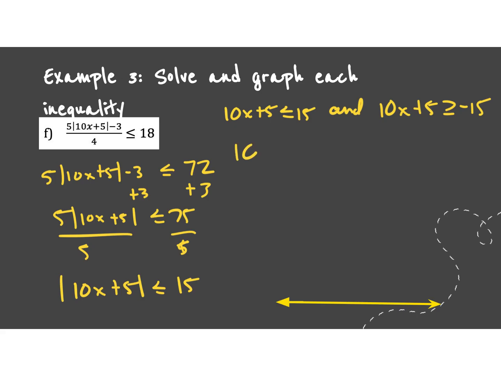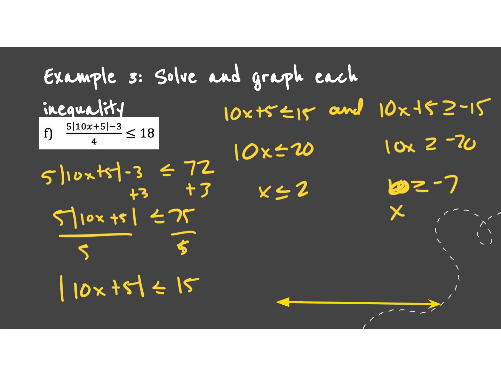So 10x less than or equal to 20, 10x greater than or equal to negative 20. So x is less than or equal to 2. X is greater than or equal to negative 7.